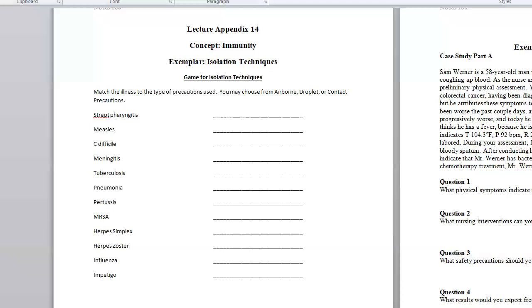Your book has a nice recommended isolation precautions in hospitals when we talk about standard precautions, airborne, droplet, and contact precautions. This is on page 572 in box 9-2. There's also information about face masks, respirators, eyewear, and how we dispose of some of this soiled equipment and supplies. So that's important to know as well.